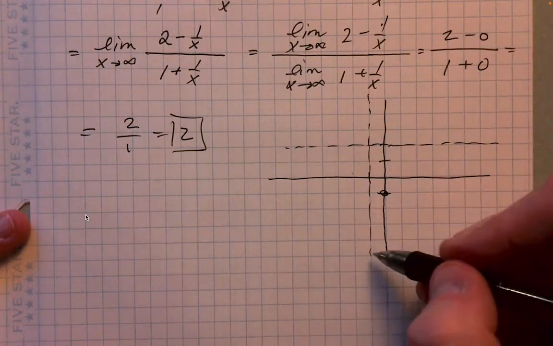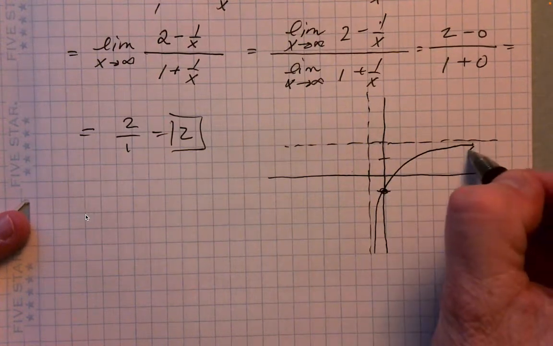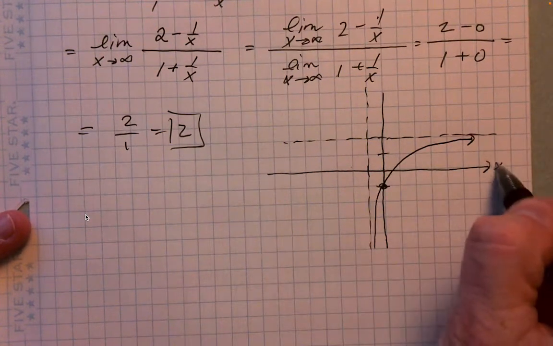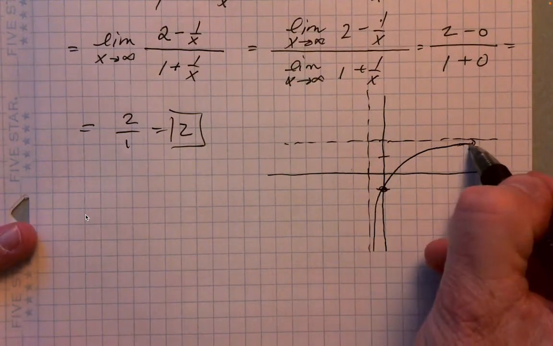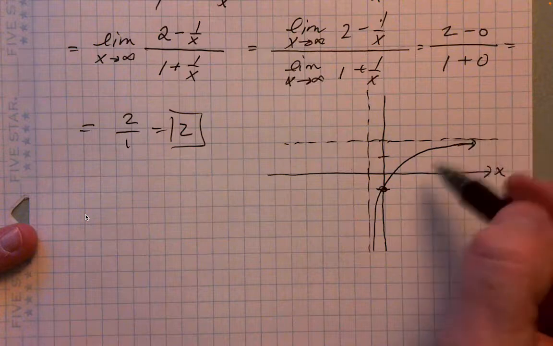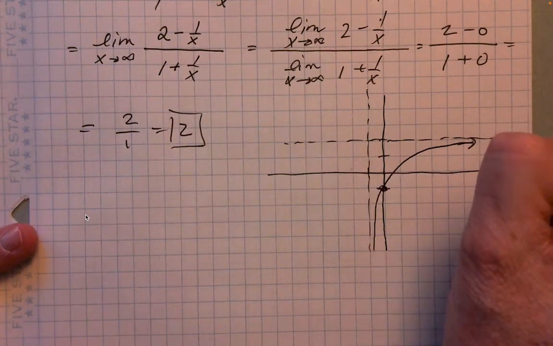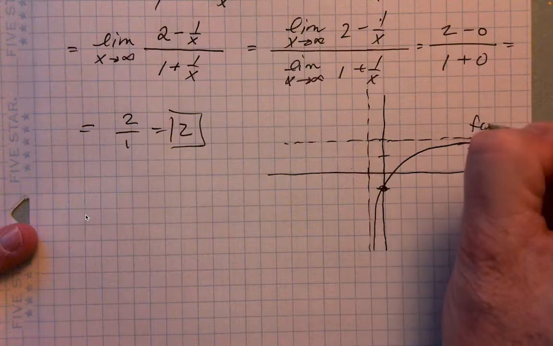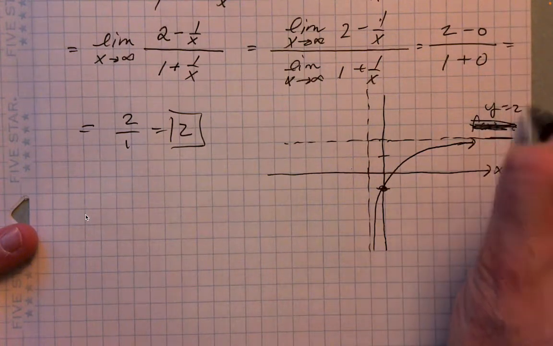And what you'll see is that the function kind of comes up like this, and then as it heads off, as x values grow towards positive infinity, the function gets increasingly ever so close to the value of y equals 2, f of x.